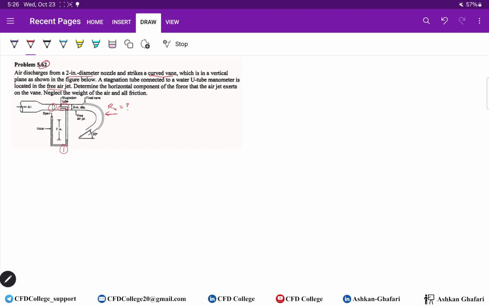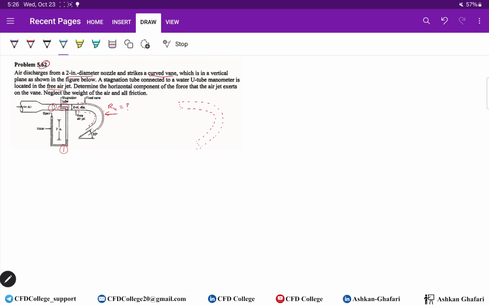But first, the first step is to draw the control volume, which is this one. So if I draw it here, this is the control volume.